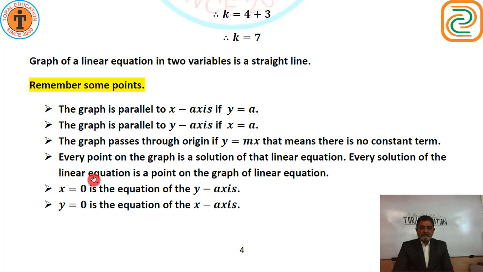That means if the first coordinate x is 0, then the point comes on the y-axis. y equals 0 is the equation of the x-axis. It means the point comes on the x-axis if y is 0.